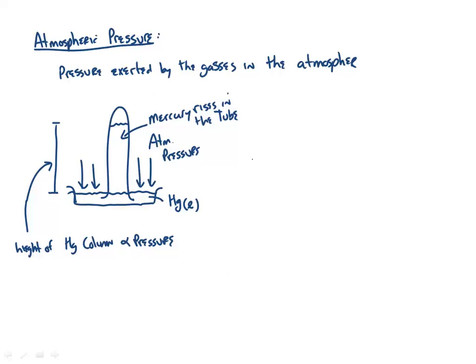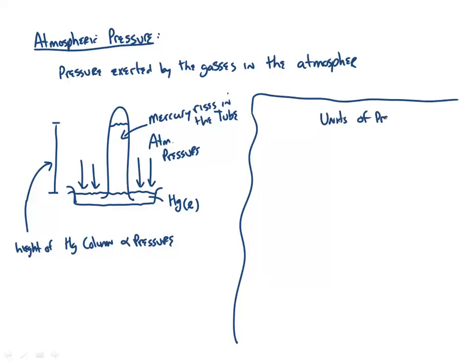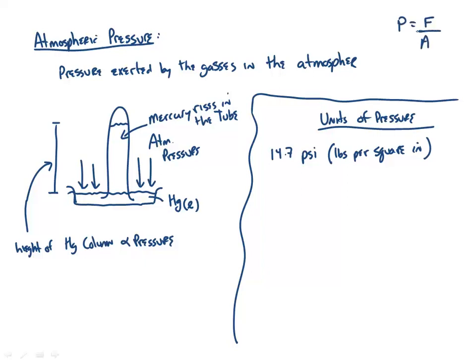So if we take a look at units of pressure, there's 14.7 PSI, which stands for pounds per square inch. And if you think about it, that is a unit of force, pounds over area, square inches.